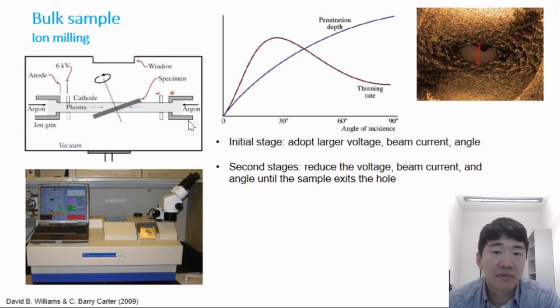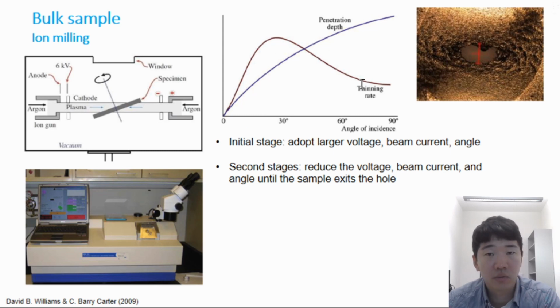The variables which you control include the voltage and temperature of the specimen. Often we align the ion beam at an angle like 15 or 20 degrees to the surface. We need to take care of preferential thinning and minimize ion implantation, so it is important to play with the angle of incidence of the ion.